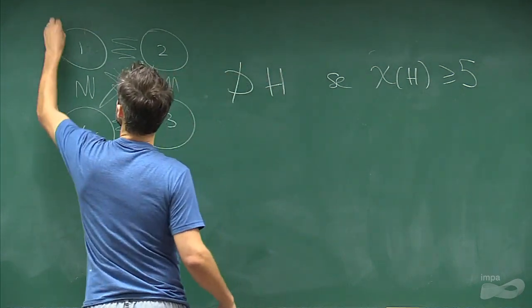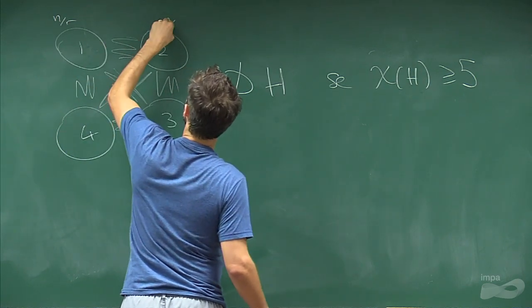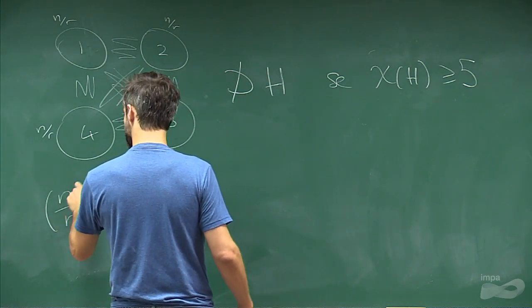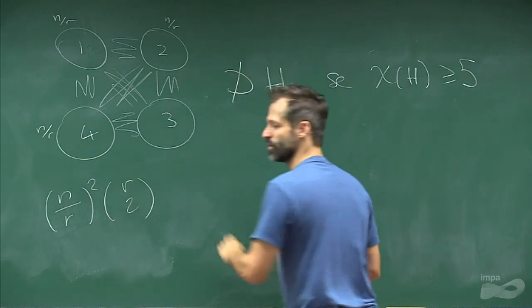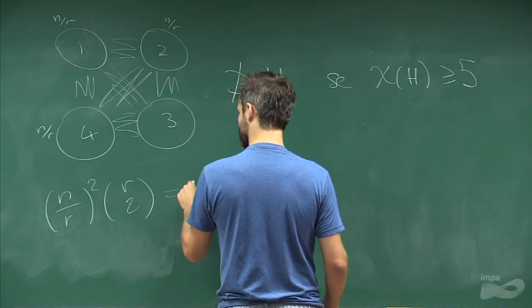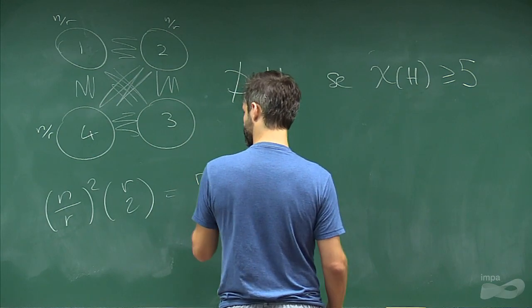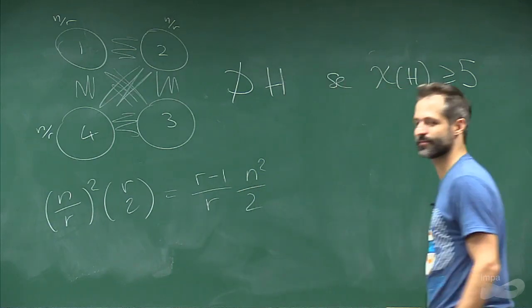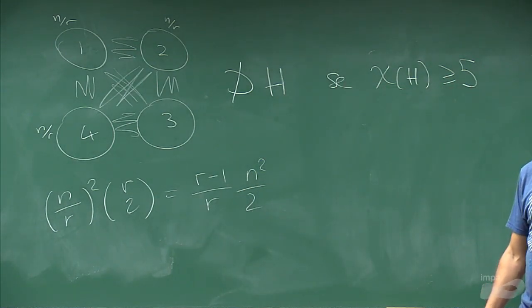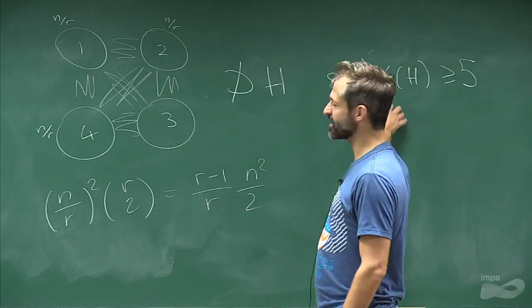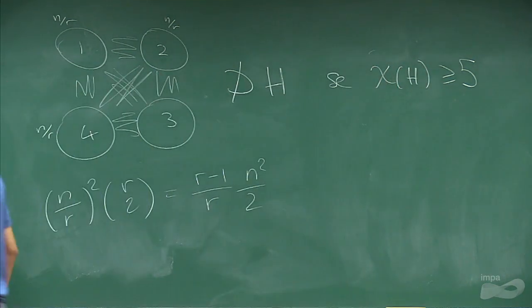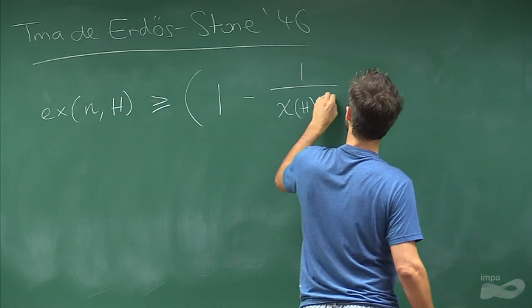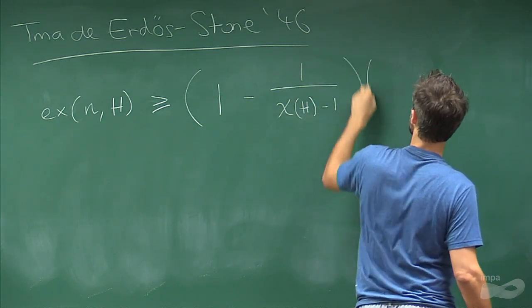If it has r parts, all of size n over r, then it is (n over r) squared times r choose 2, which is (r minus 1) over r times n squared over 2. And r should be the chromatic number of H minus 1. So this proves the extremal number is at least 1 minus 1 over (chromatic number of H minus 1), times n choose 2.